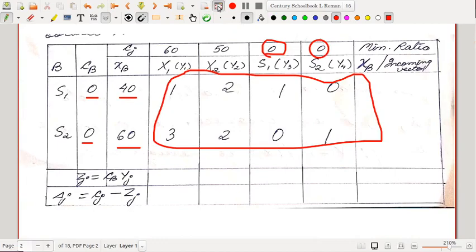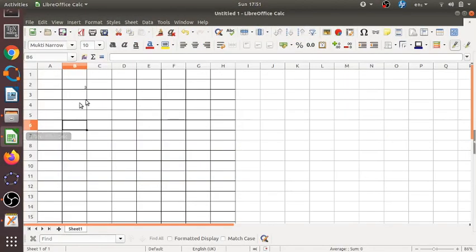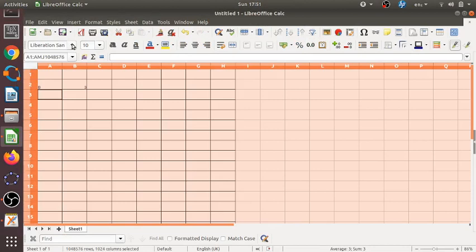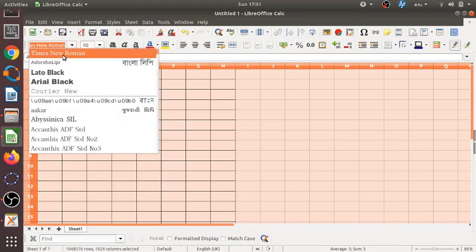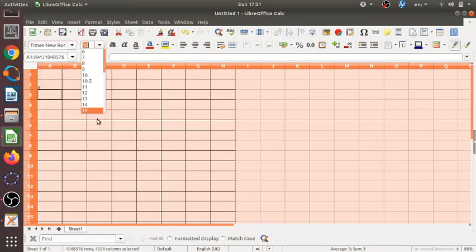Okay, so let us see how we can plot this. We try to do it in this Excel file.